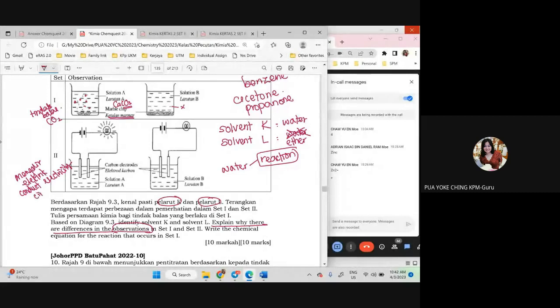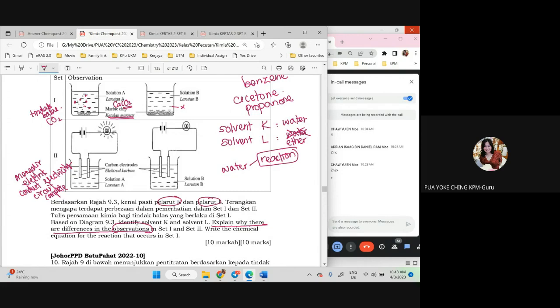Okay, so circuit complete, litar lengkap. Sebab dia boleh mengalirkan elektrik. Set 2B, mentol tidak menyala, dia tak boleh mengalirkan elektrik. Dah 4 markah.